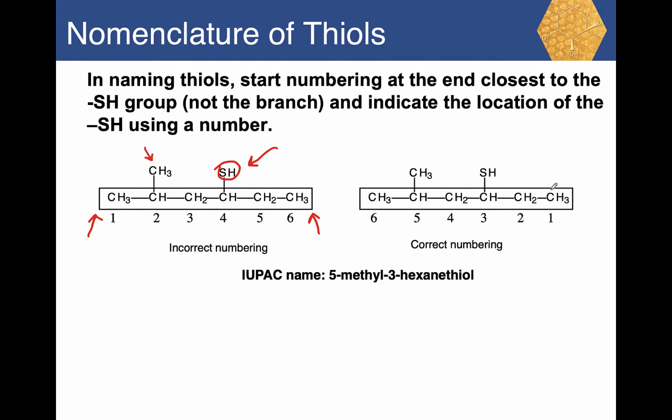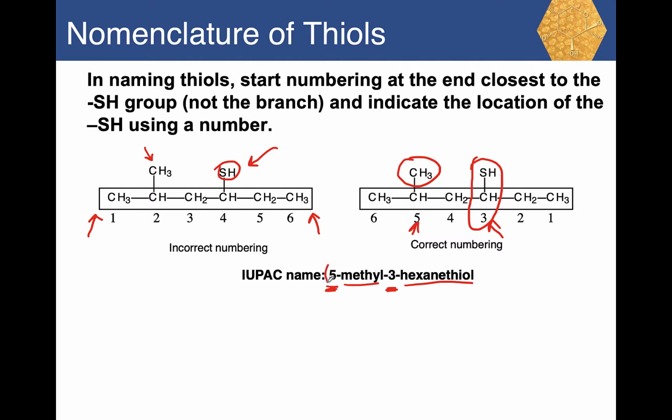So this is 1, 2, 3, 4, 5, and 6. So it becomes a hexane, and we add the word thiol. The thiol functionality here is on carbon number 3, so we have to indicate a 3 right here. It has a branch methyl group on number 5, so we'll have to indicate 5-methyl.